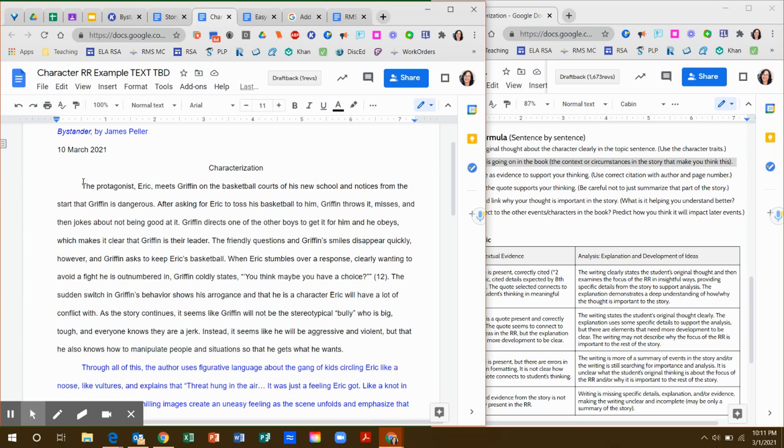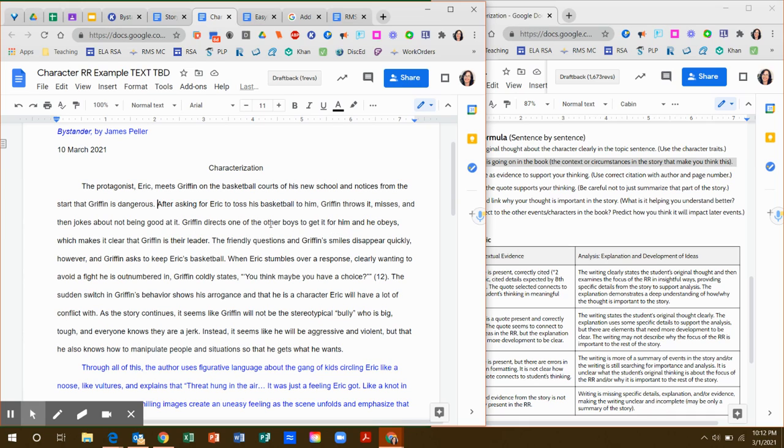So instead, I'm going to jump from Griffin is dangerous into after asking for Eric to toss his basketball to him, Griffin throws it, misses, but then he jokes about, well, I'm not very good at it, right? Griffin then directs one of the other boys to get it for him, and the kid obeys, which makes it clear that Griffin is their leader.